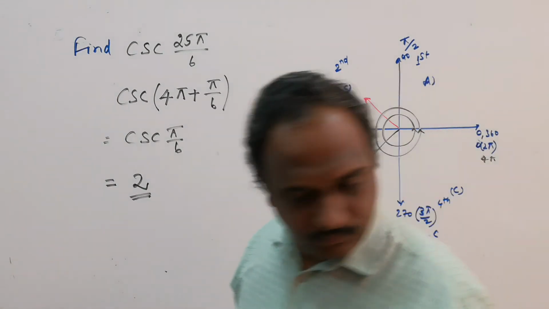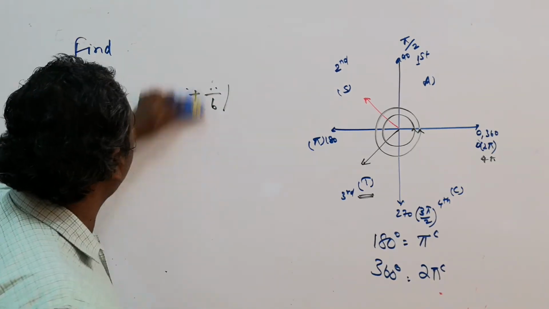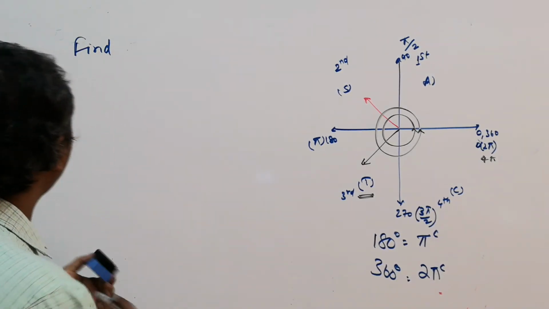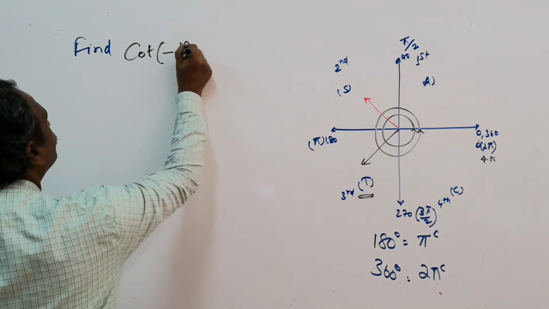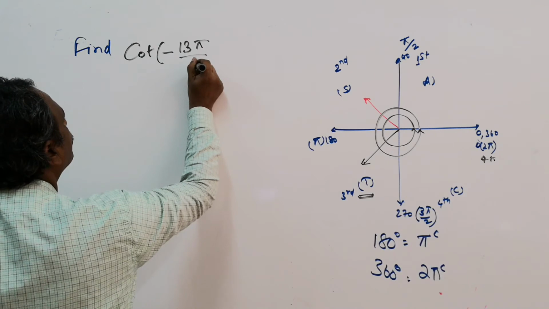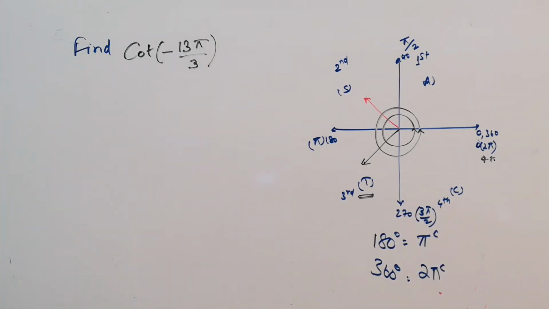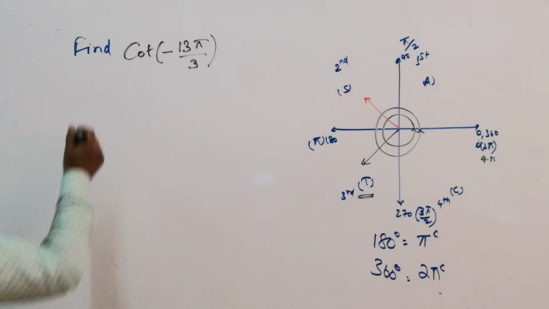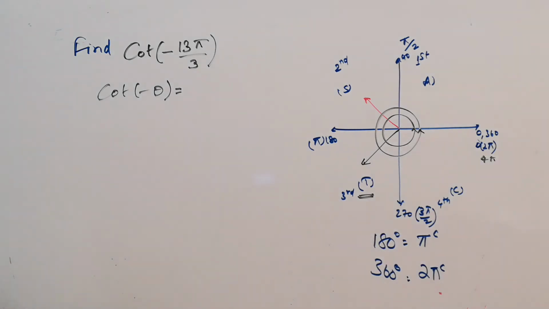Cot of minus 13 pi by 3. Now what will this be? First thing I am going to check is what cot of minus theta is. We know that very well.